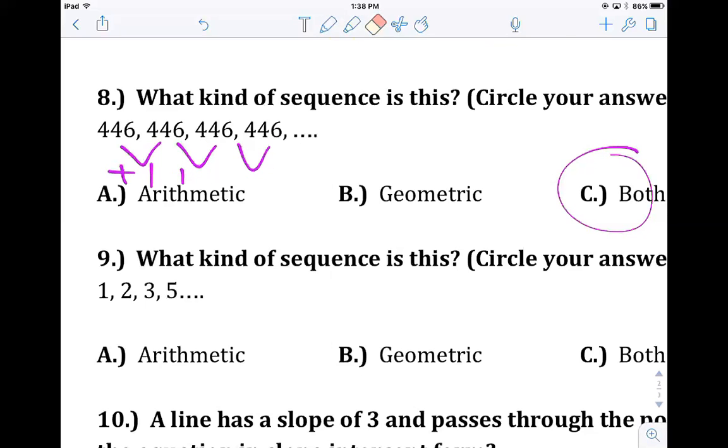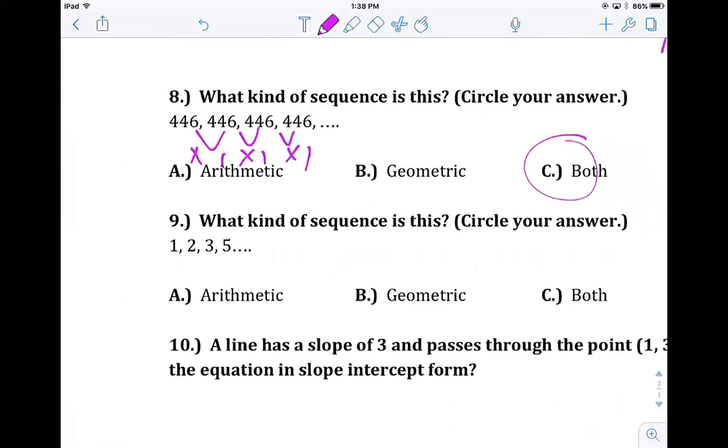And then the other choice would be to multiply by 1 each time. So if it's the same number every single time, it is a both sequence.